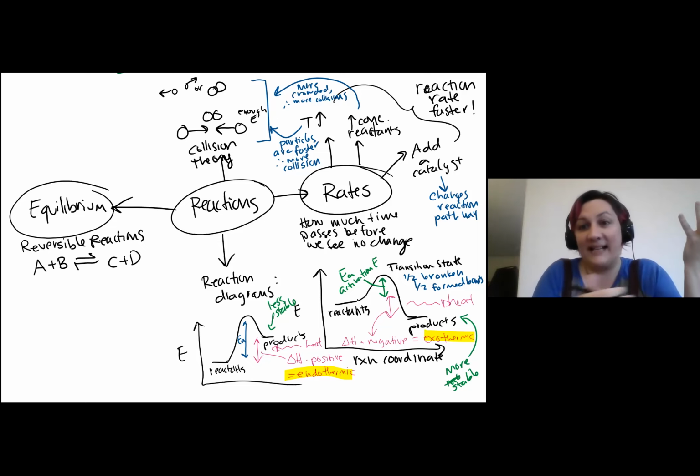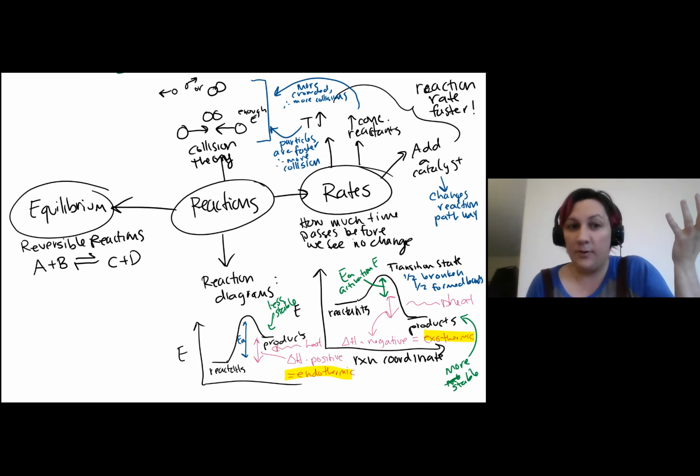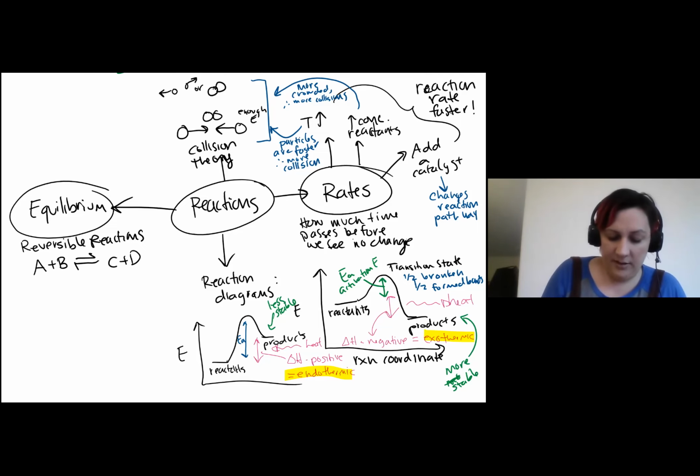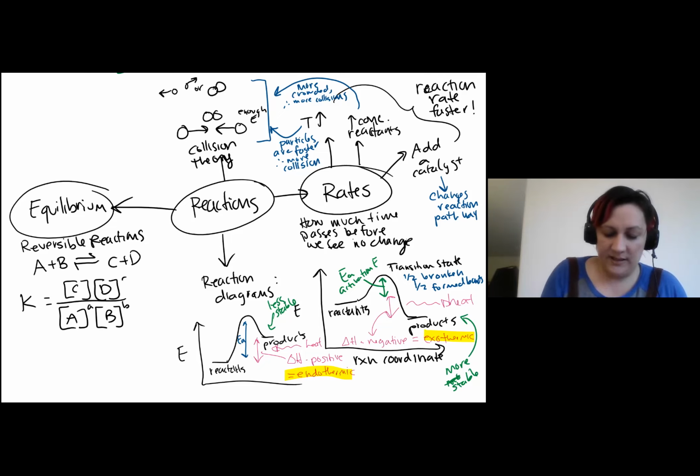And we can characterize that. Sometimes there's more reactants than products when equilibrium is reached, and sometimes there's more products than reactants. And we characterize it with K, which is our equilibrium constant. And it's the concentration of our products over our reactants. And there's always these little exponents here, and these correspond to the coefficients.